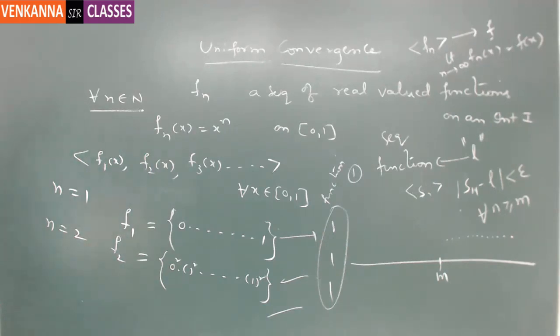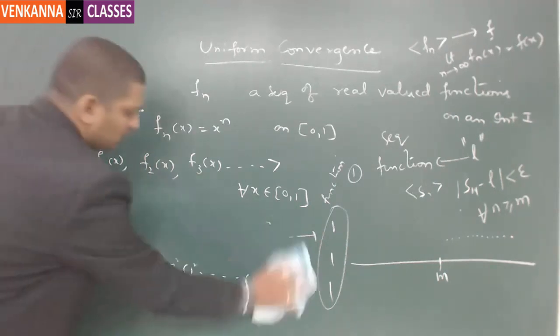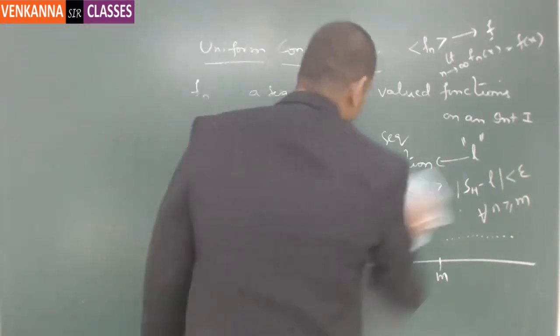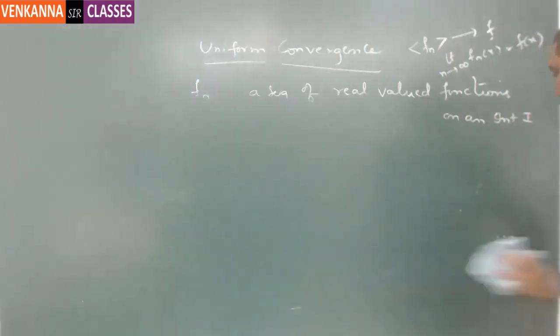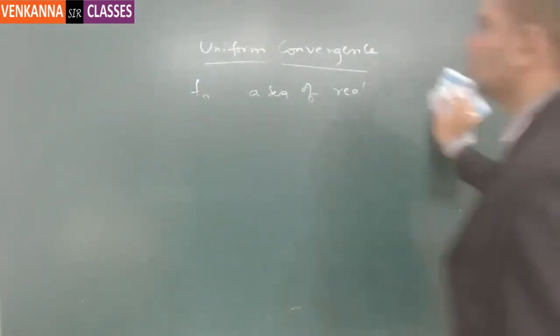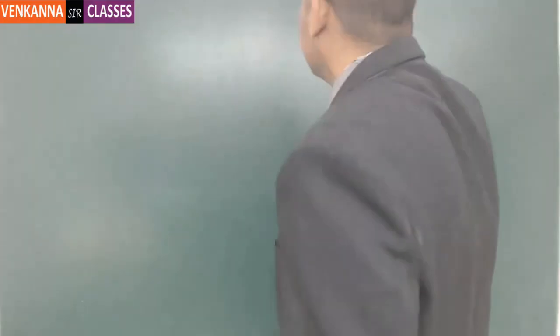Fine. Now, so far we discussed how to find the limit function. Whenever you have a sequence of functions fn, we simply calculate limit n tends to infinity. Whatever result it gives us will be framed in the form of a function.